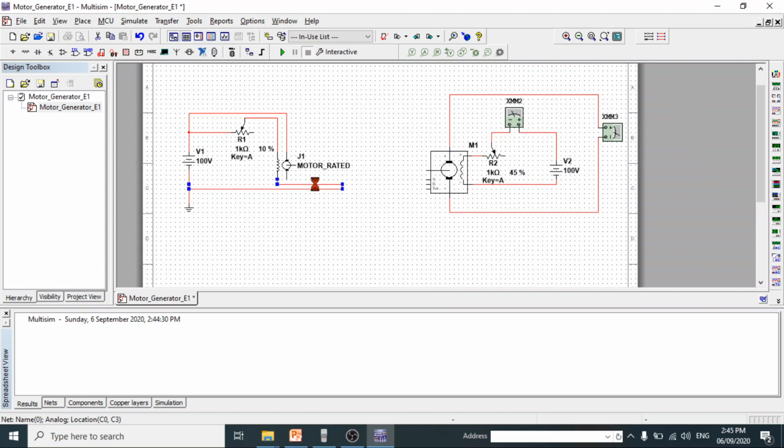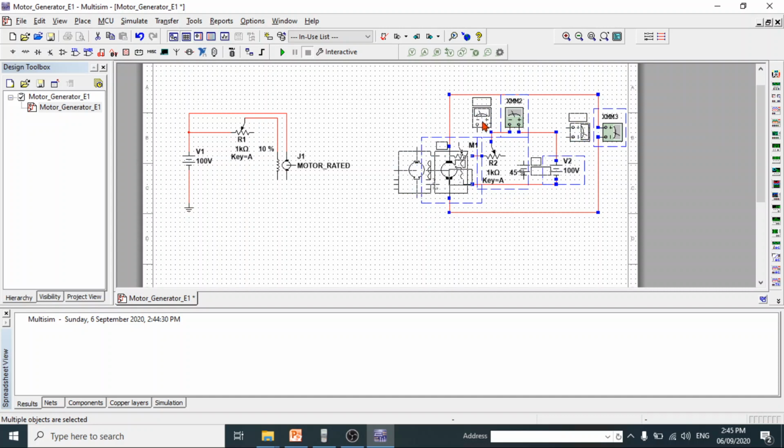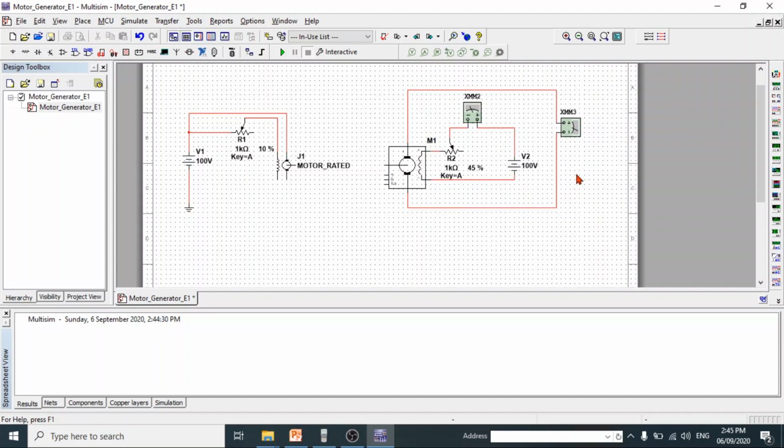We'll try to create room for the additional meters and the load. We'll try to construct again.